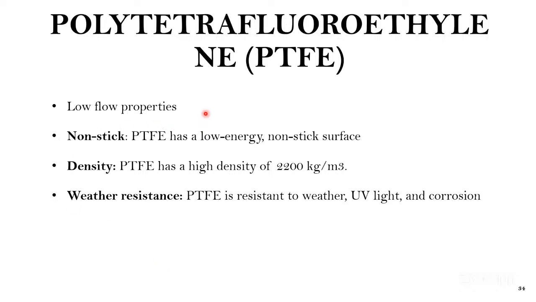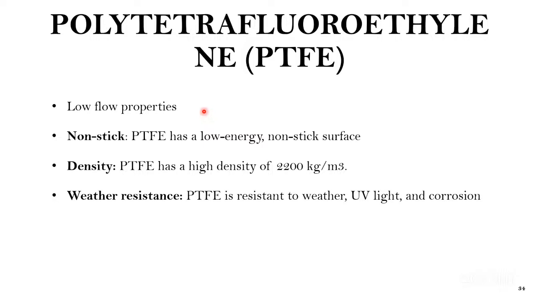Another problem with the Teflon is that it is quite difficult for processing. You know, the processing techniques we use for the manufacturing of polymers can be injection molding, or we can say we can use an extruder, everything.